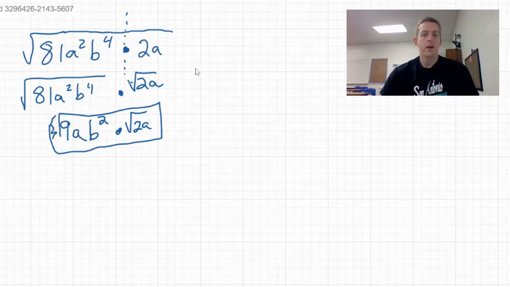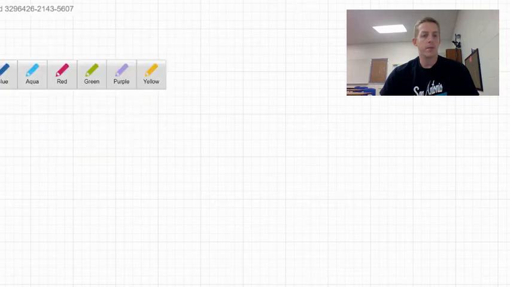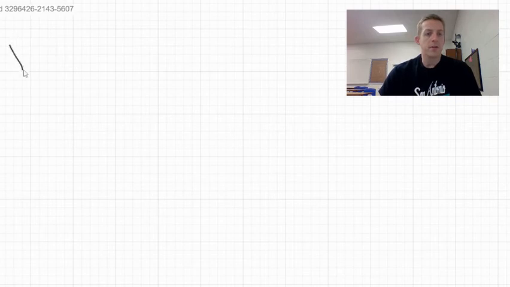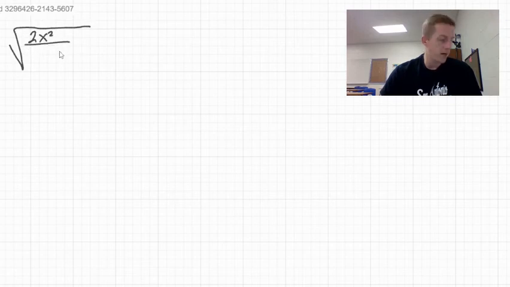You get the idea. Let's say we had, let me clear this out. Change to black. Let's say we had an expression here, square root of 2x squared divided by 9y to the fourth.